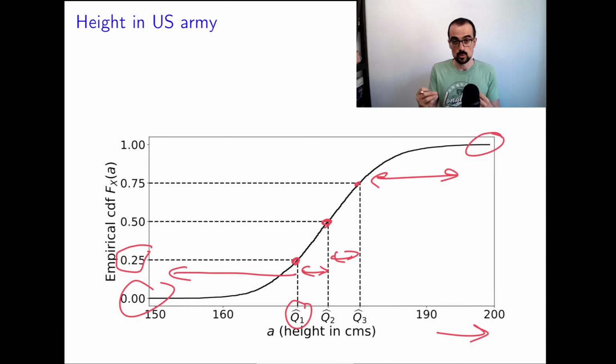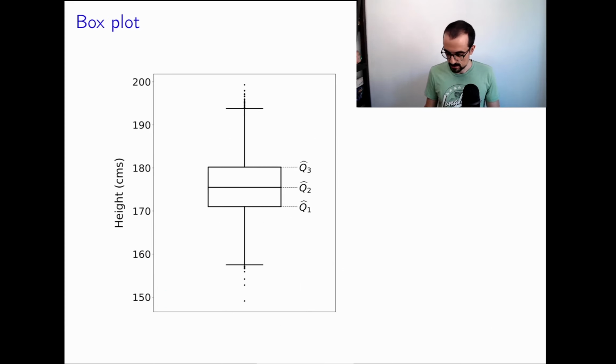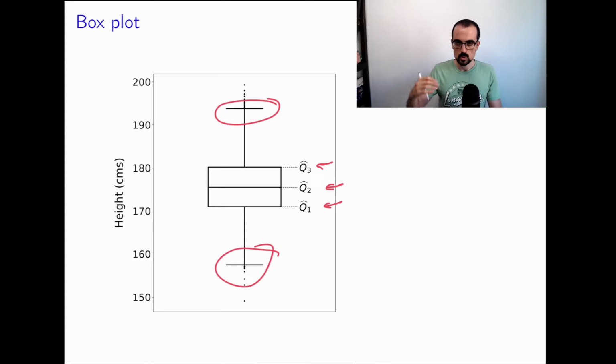If you want to see it even quicker, what you can do is plot only the median and the quartiles, and usually this is called a box plot. It was invented by Tukey, and the idea is you want to visualize very quickly how this data set is distributed. What you do is you plot the median, the first quartile, the third quartile, and then you plot these things called whiskers, which are equal to 1.5 times the interquartile range.